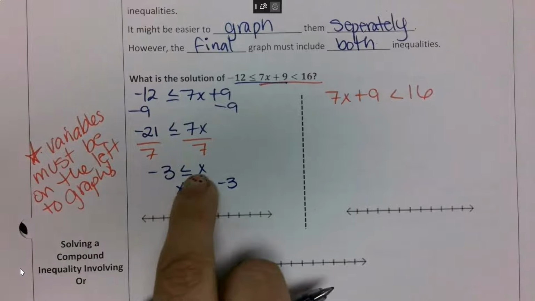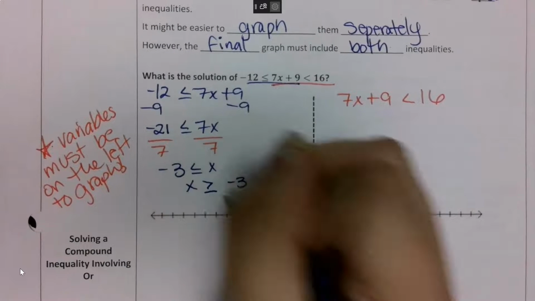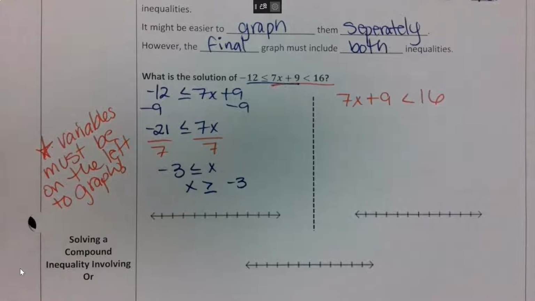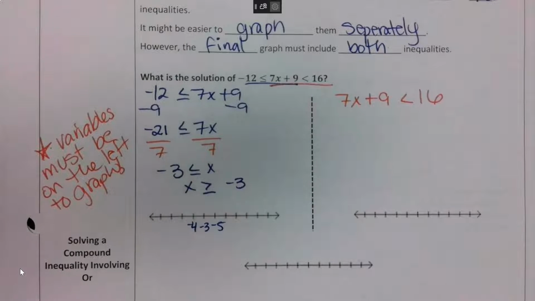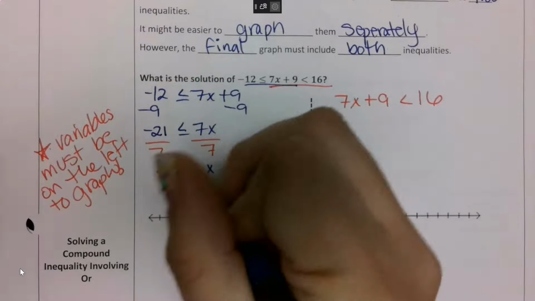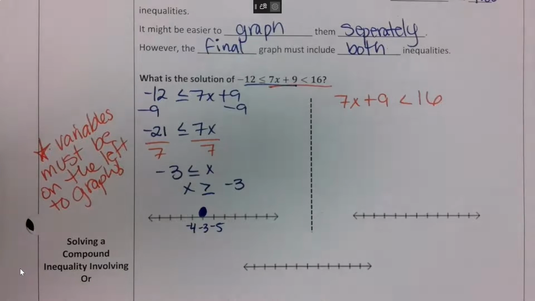The sign is still open towards the x. And then I want to go ahead and graph this. What kind of circle am I going to use? And which way is it going, left or right?